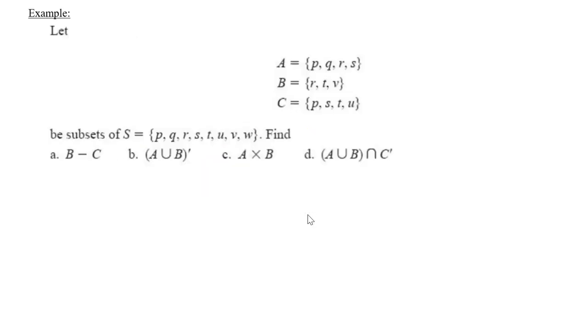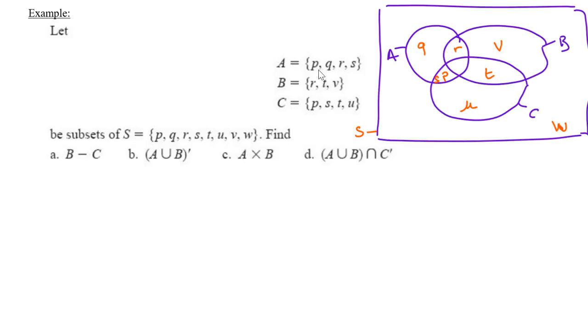So let's see more examples here. Again, I have sets A, B, and C, and the universal set S as P, Q, R, S, T, U, V, and W. Let's draw a Venn diagram.